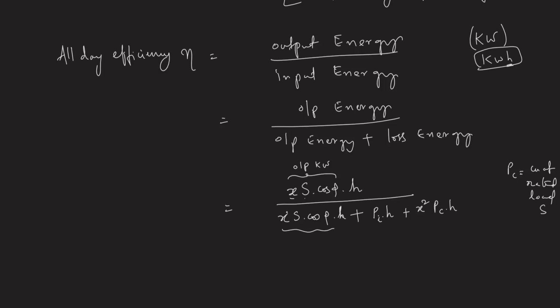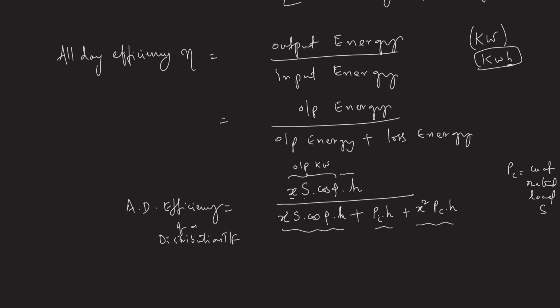So the numerator and denominator are all in energy. This gives me the all day efficiency of a particular distribution transformer.